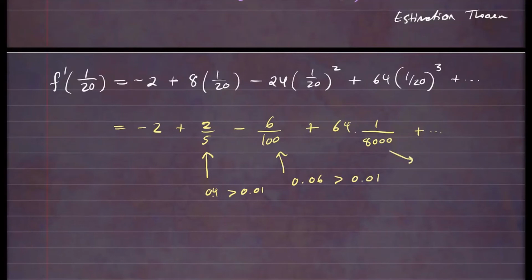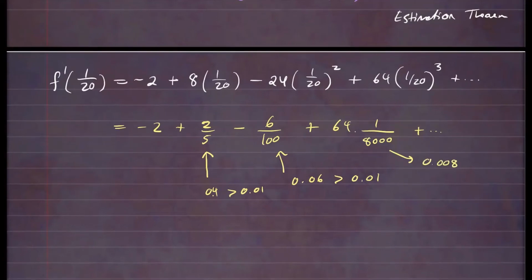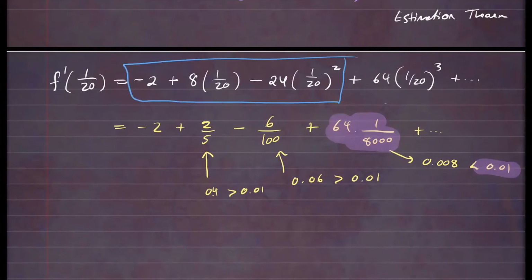And this right here is going to be about 0.008, which is less than 0.01. Now, once you find that number, so this guy right here, once you find the number less than your error, you add up everything before that. Which means we're going to conclude that our sum is up to these guys right here. So these are the ones we're going to add up.